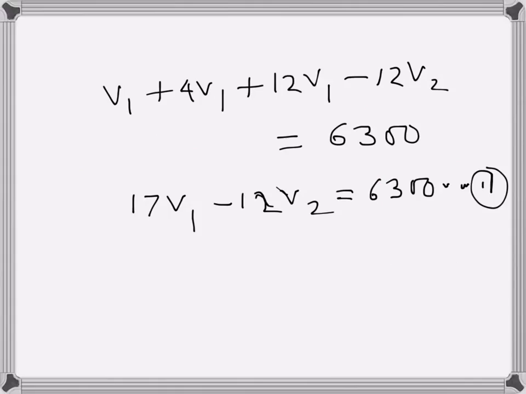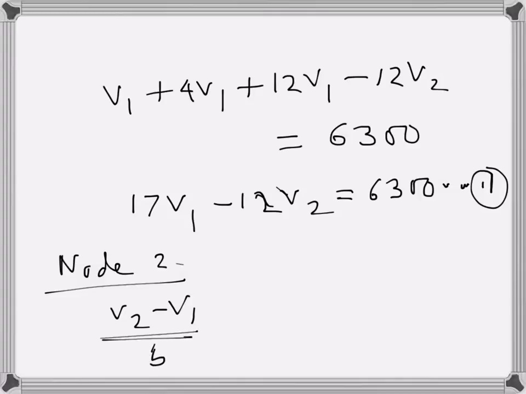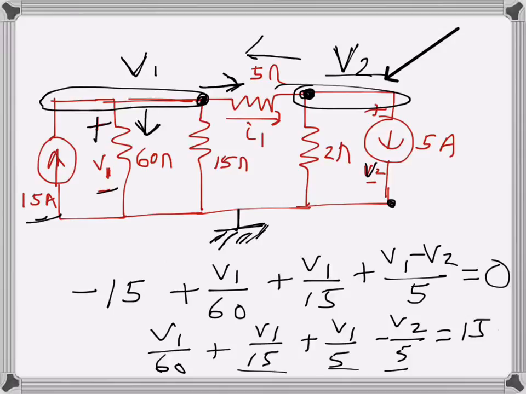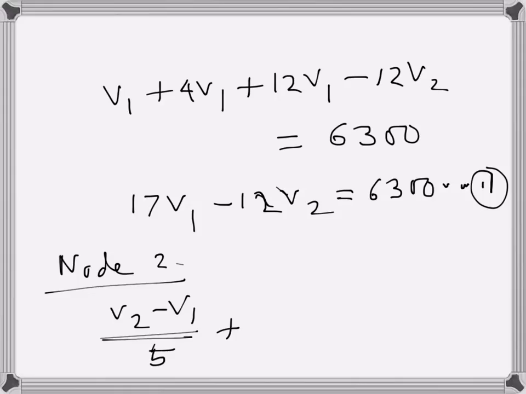So for the second node, node 2, the node voltage equation is V2 minus V1, since the current is outgoing. Then I have this current which is outgoing, and the voltage drop is V2, so V2 over 5.